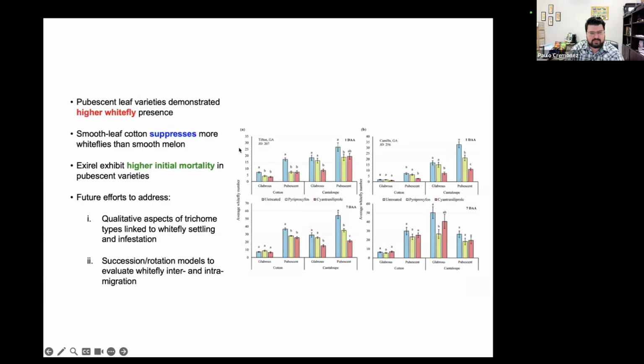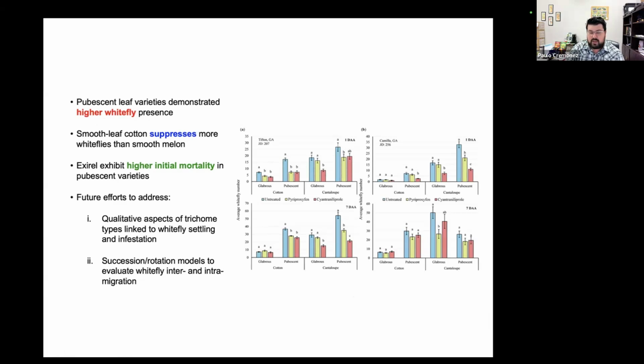And on the dynamics part of the results, just moving on. The leaf varieties that had a huge concentration of hairs had higher whitefly presence. In this case, because we were comparing cotton and melon, if you have more hair on your leaves, then you can have more whiteflies.